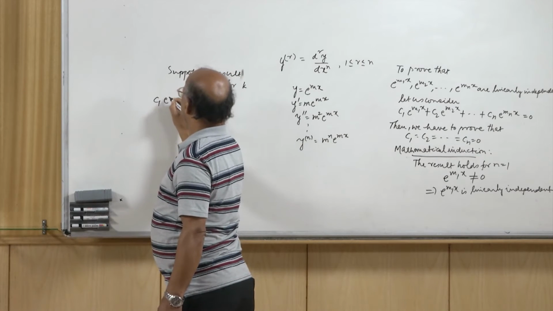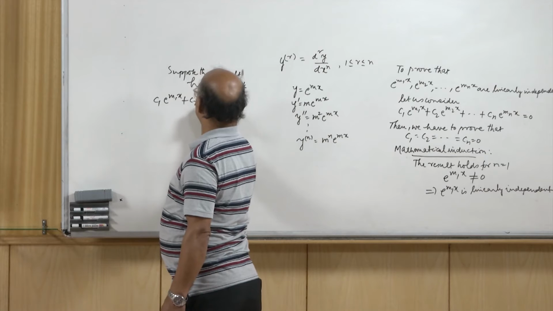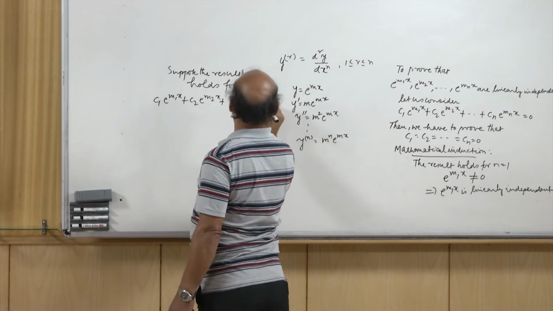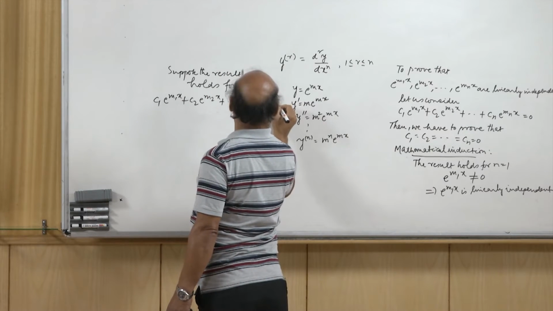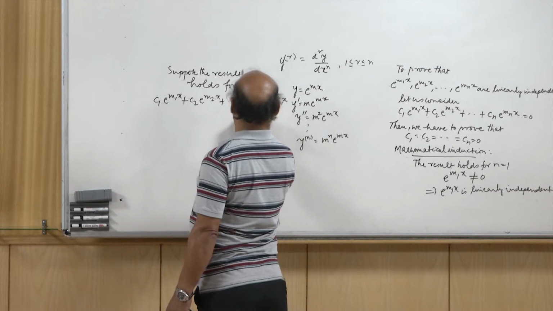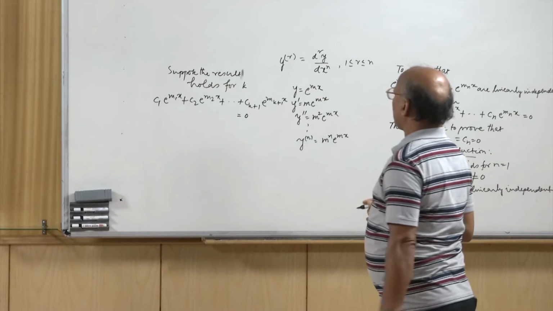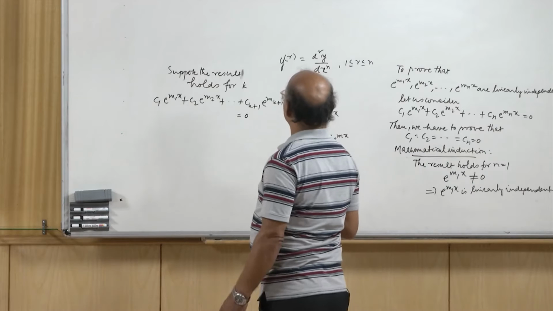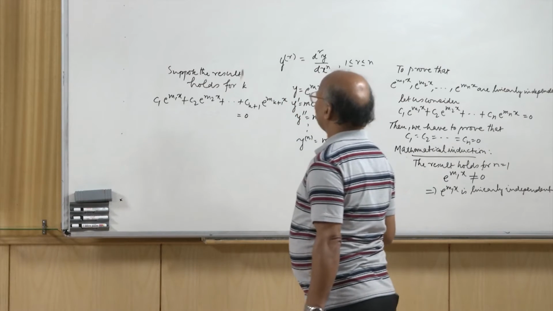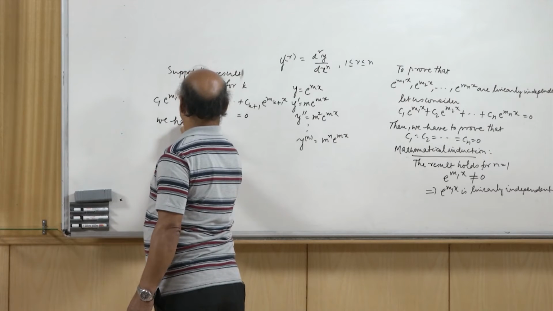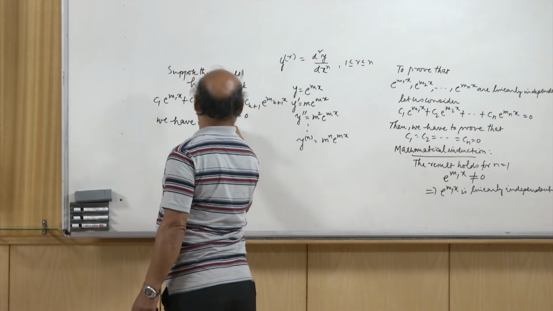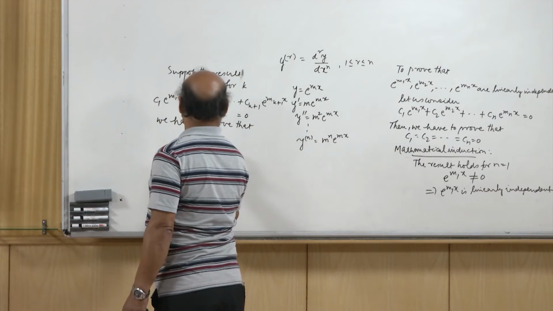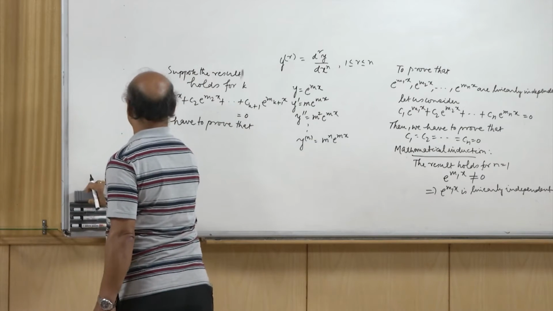So, C1 e to the power m1x plus C2 e to the power m2x and so on, plus C_(k+1) e to the power m_(k+1)x equal to 0. We have to prove that C1, C2, ..., C_(k+1) equal to 0.